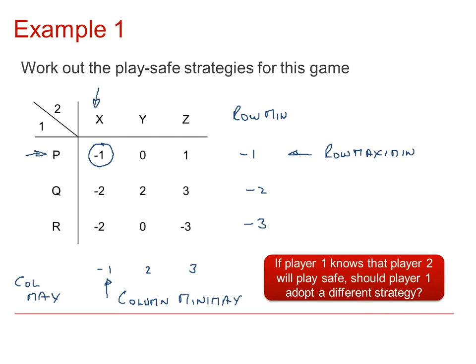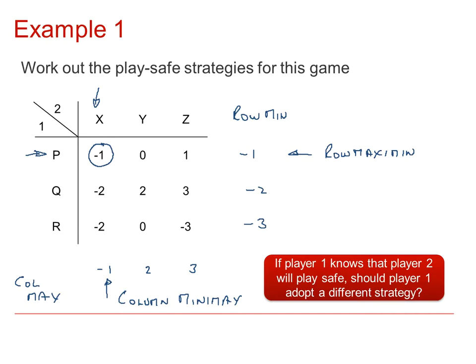Now, if player 1 knows that player 2 is going to play safe, then they say, well, is there any advantage in changing their decision? So player 1 can say, let's assume that player 2 is playing X, and can look down the column for X and say, can I gain anything by changing? And player 1 will look at this and say, well, no, there's no point me changing to Q because I'd be worse off. And likewise, if I change to R, I'll be worse off.